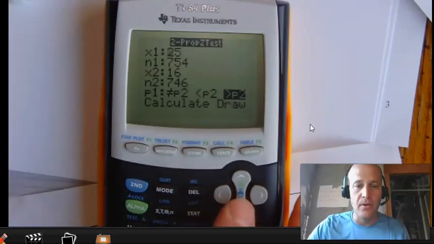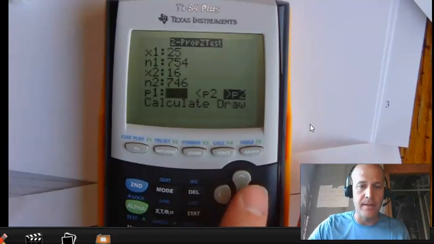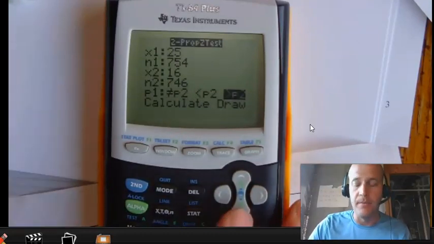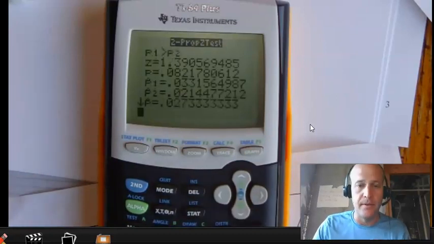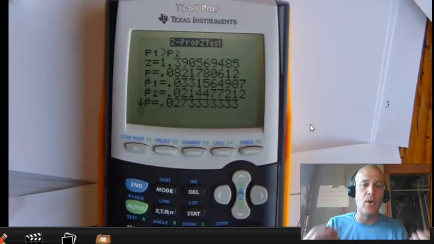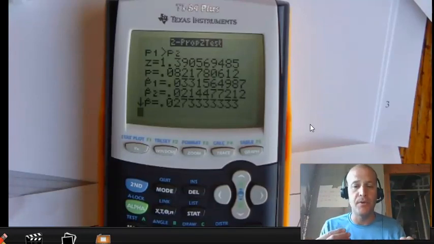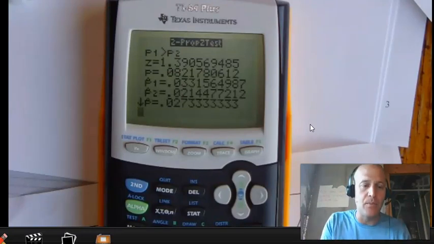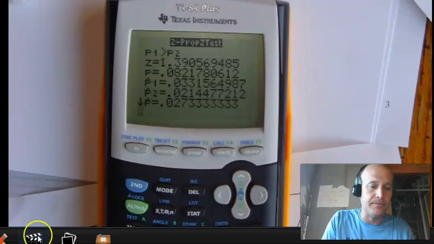And then our alternative hypothesis is that the second proportion is more than the first. And so when I calculate, I'm going to get a p-value of 0.08. So that's a quick way to find these numbers, and with a time constraint on this test, this is the easiest way to find those numbers.